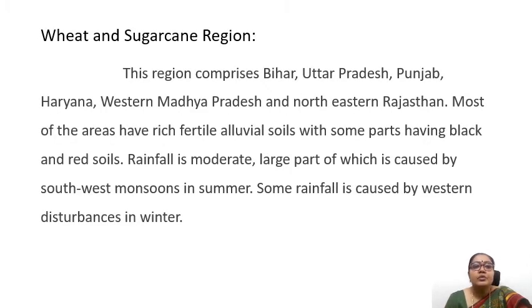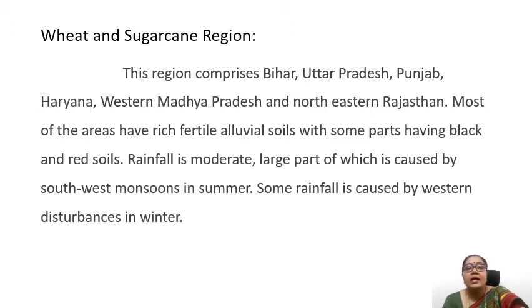Moving on to the wheat and sugarcane regions. This region comprises Bihar, Uttar Pradesh, Punjab, Haryana, Western Madhya Pradesh and northeastern Rajasthan, and most of these areas have rich, fertile alluvial soil. Some parts have black soil as well as red soil.